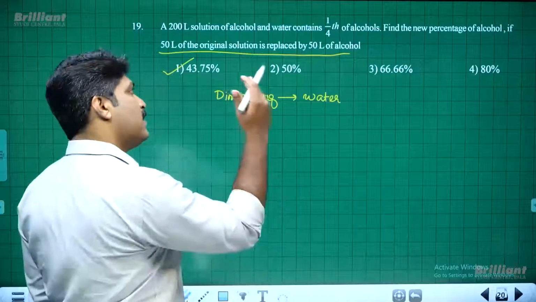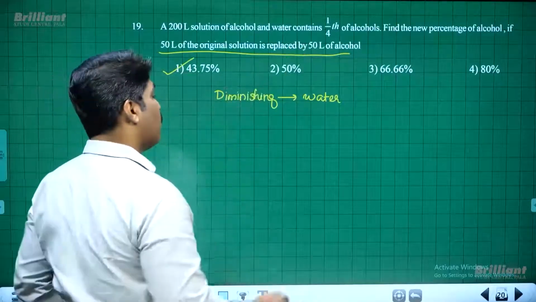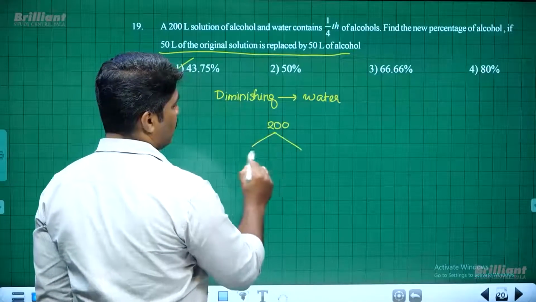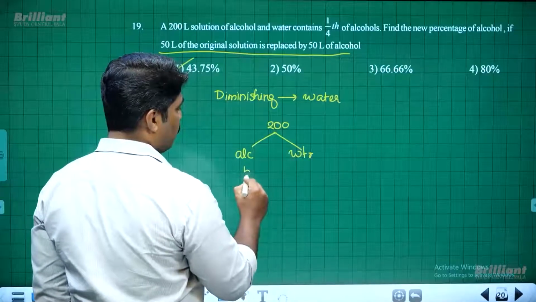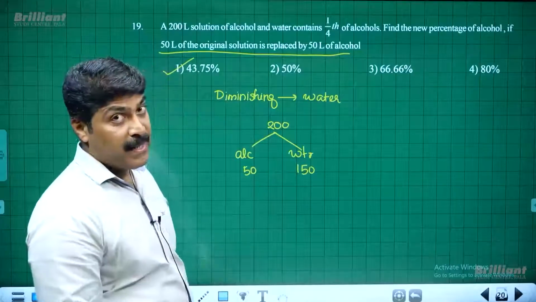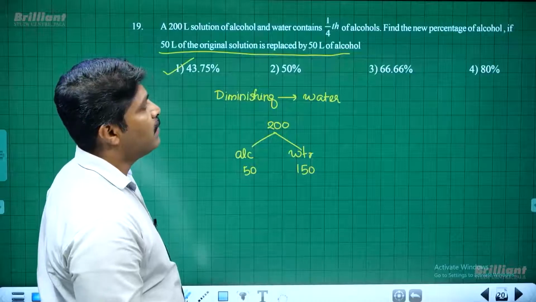This is 200, containing alcohol and water in the form of 50 liter and 150 liter, and we are removing 50 liter. There you have to consider what percentage occurred.